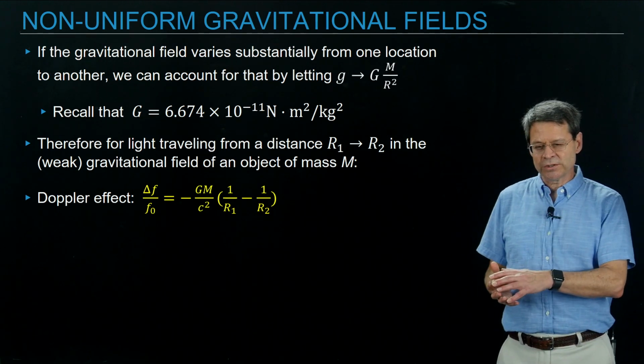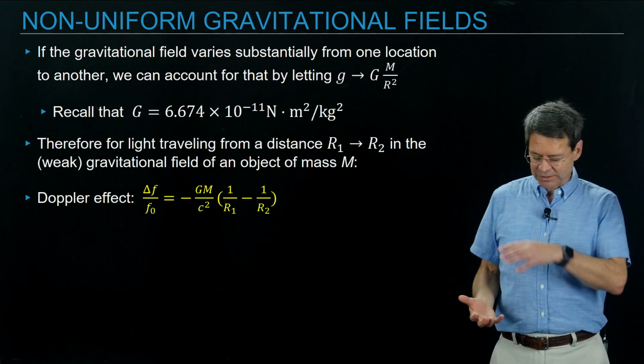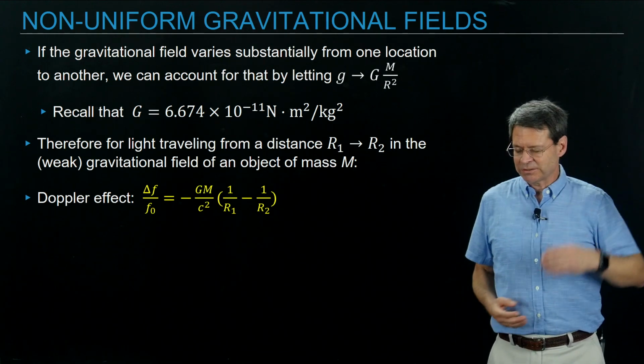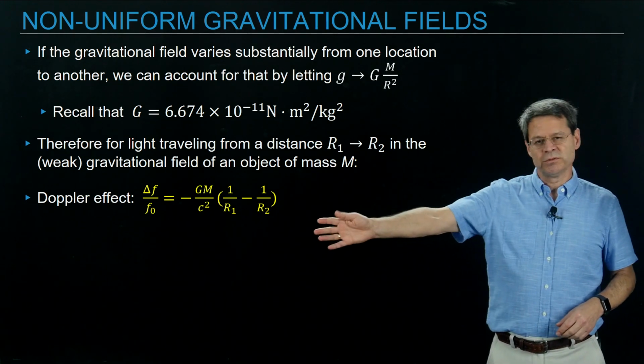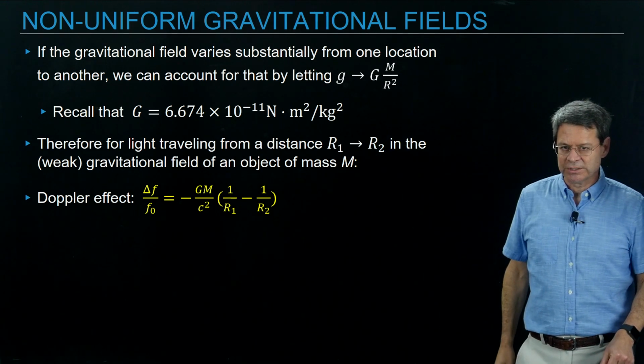If r1 is smaller than r2, that means you're closer to the center. And if it's the Earth, say you're on the surface of the Earth and you want to go to r2 where some satellite is a significant distance above the Earth, this would be the formula you use, replacing little g with the correct expression here.